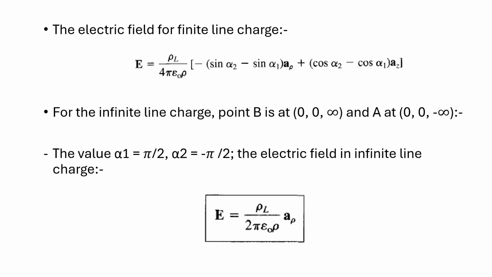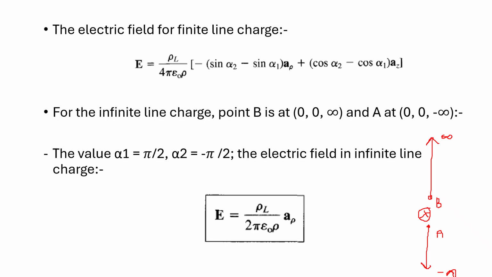So for the infinite line charge, where you have the coordinate 0 0 infinity at point B and at point A 0 0 negative infinity, z goes from infinity at point B to negative infinity at point A. So the angle alpha 1 will be pi over 2, and alpha 2 will be negative pi over 2.